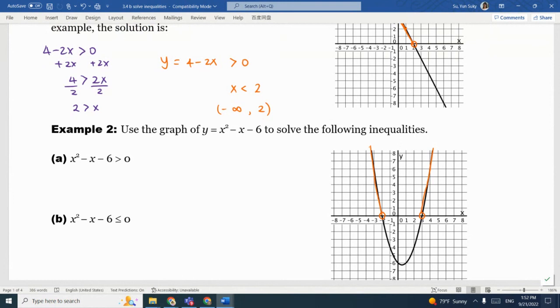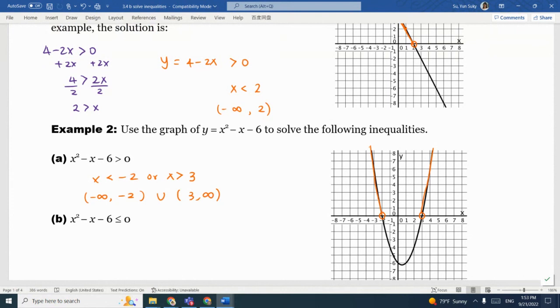No. Now can you tell me what the x values are? x is less than negative 2 or x is greater than 3. So the interval notation: minus infinity to negative 2, brackets or parentheses? Parentheses, then you put union, remember union is or, then 3 to infinity.